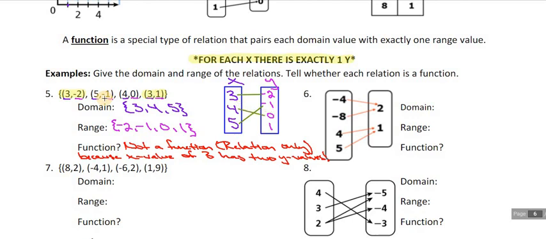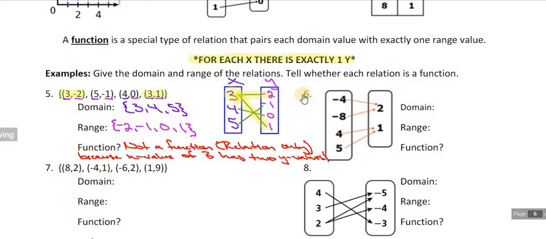And then 3 goes to 1. So notice in this mapping diagram, which we said is not a function, we've got an x value of 3 that is going to two y values. So that's a different, more visual way of showing and determining whether or not we have a function. If there's more than one line coming out of an x, not a function.